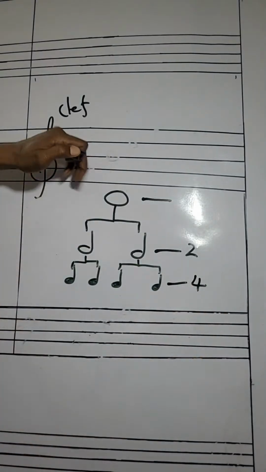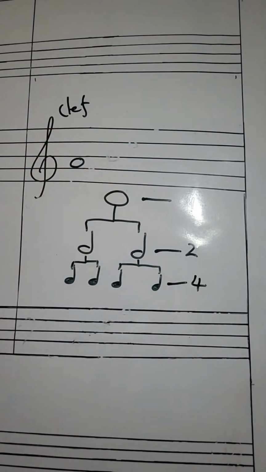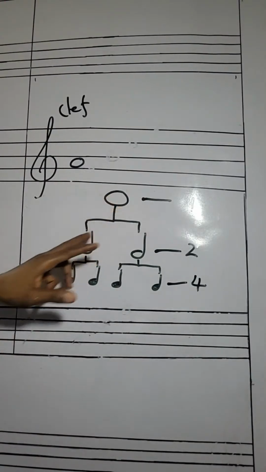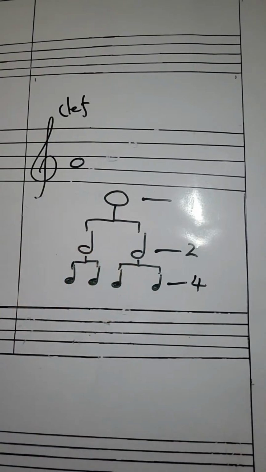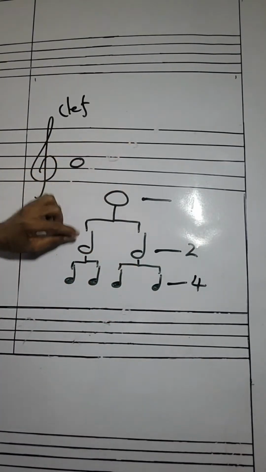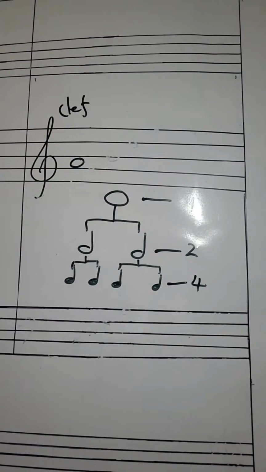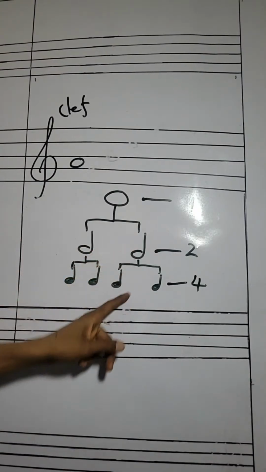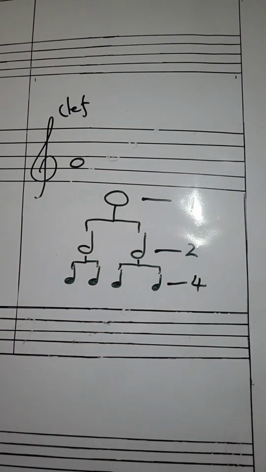So you can see here we have your semibreve, which is 1 count, and one semibreve is giving us 2 minims. That is, one whole note is giving us 2 half notes, and one half note is giving us 2 quarter notes.